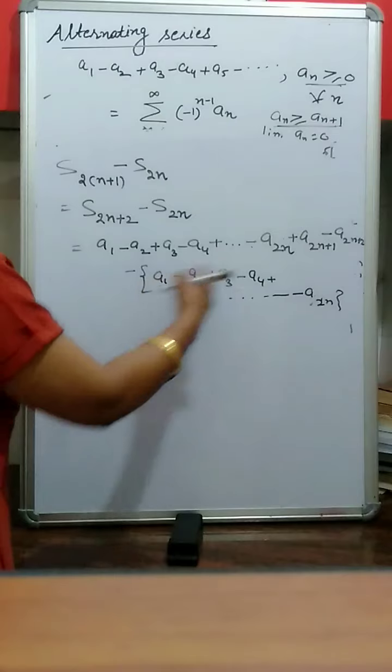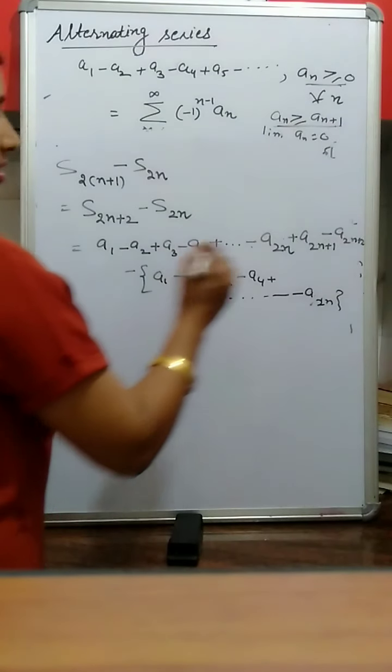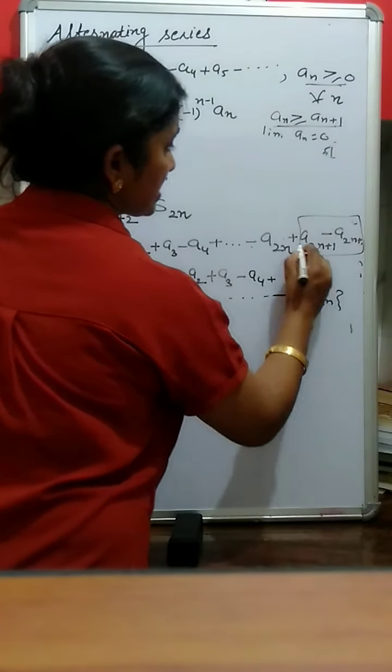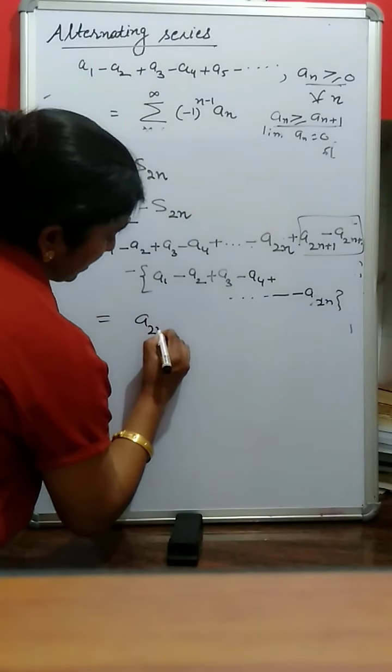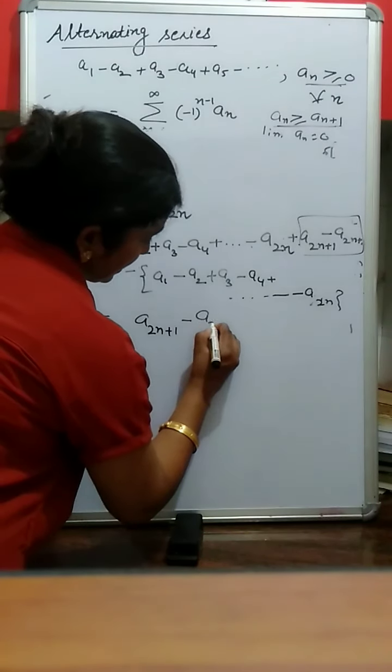So what remains? All these terms will get cancelled out. Only these two terms remain. So S_{2n+2} minus S_{2n} is A_{2n+1} minus A_{2n+2}.